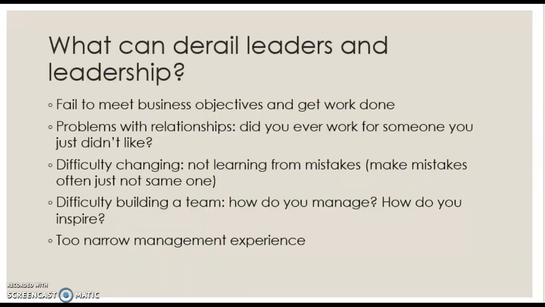So, what can really keep leaders in the background? What can keep leaders from doing their best and derail them? It's about getting your work done. You have to meet business objectives. But if you are not someone who can work well with people, your leadership is pretty often going to be subject to problems.